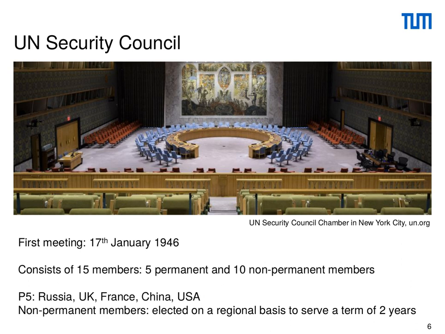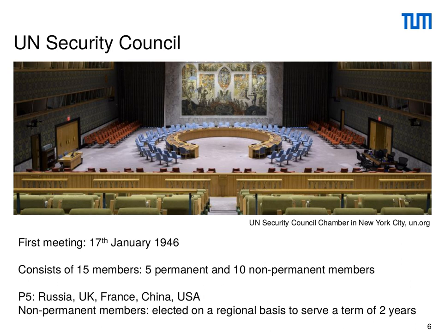The UNSC had its first meeting in January 1946. And the UNSC consists of 15 members, 5 of which are permanent and 10 are non-permanent members. The non-permanent members are elected on a regional basis to serve a term of 2 years. And the 5 permanent members, they go by the name P5. They are Russia, United Kingdom, France, China, and the USA.